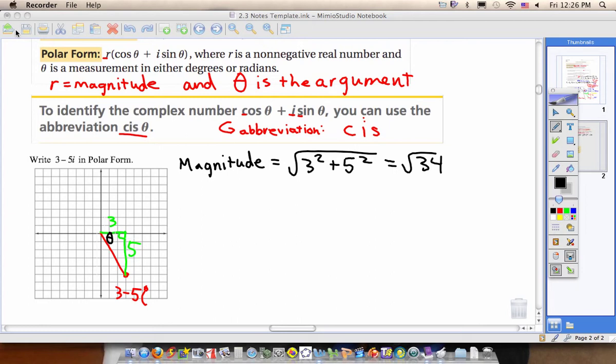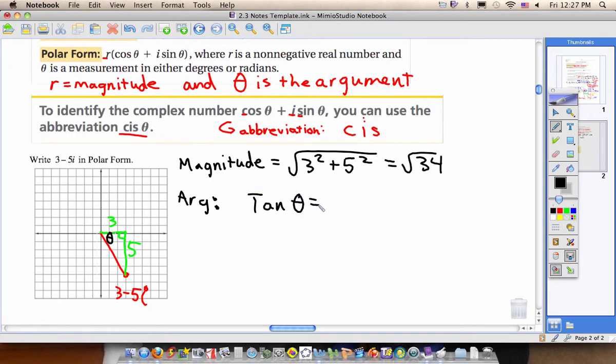Okay, so just walking around, magnitude, I don't think there's much there. 3 squared plus 5 squared, and you get 34, so you have the square root of 34 as your magnitude. The argument, tangent of theta is 5/3, so theta was just a little bit more than 59 degrees.